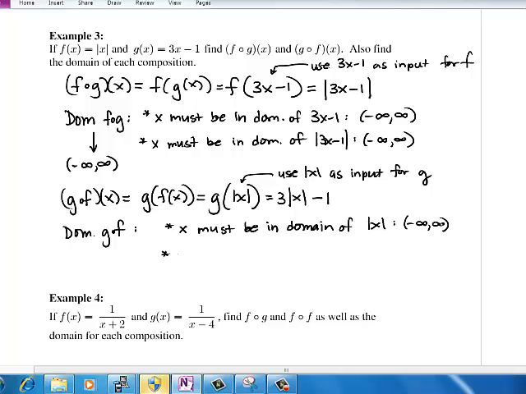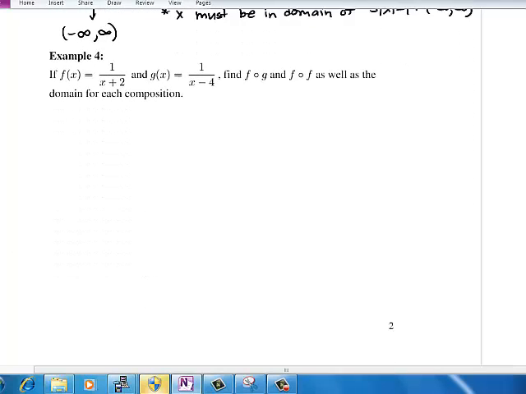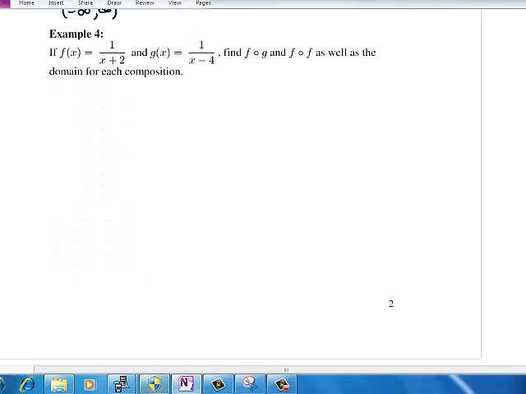And then x must also be in the domain of the final formula, which would be also all reals, because we can take the absolute value of anything and multiply it by 3 and subtract 1. There aren't any issues. So that domain overall is also all real numbers. And like I said, we're going to get to some examples here where it's not just all real numbers for the domain. The next one is going to be a situation where we have a restricted domain.